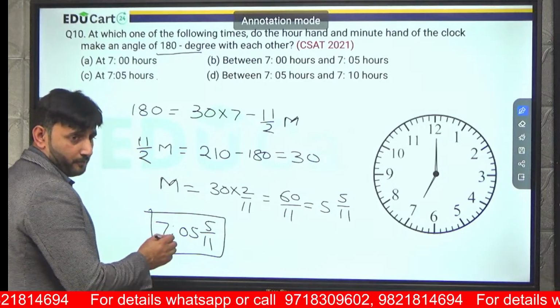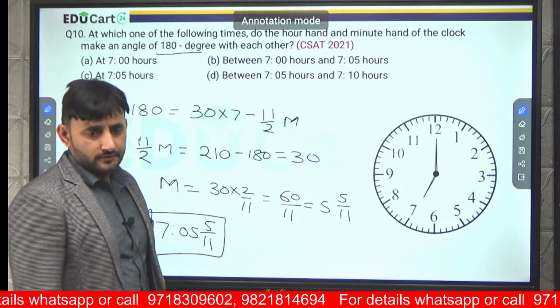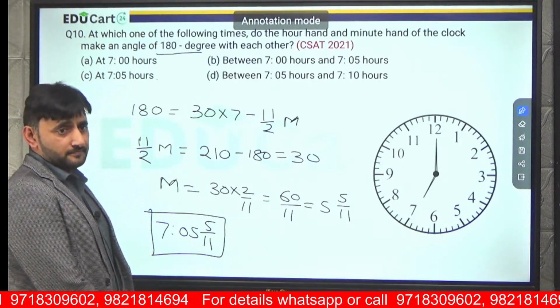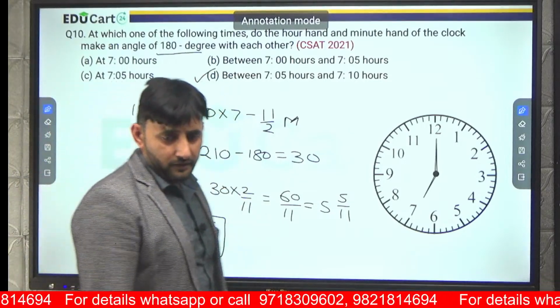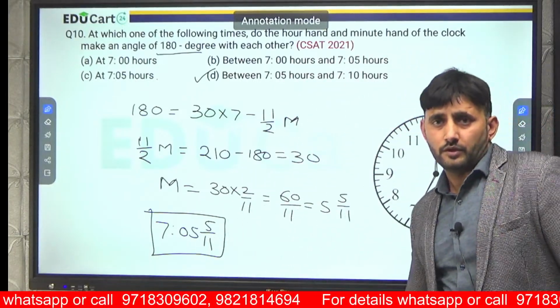This is the point when the angle between them will be 180 degree. तो कौन सा टाइम होगा? Which option? D option. Time has to be between 7:05 and 7:10. Clear है बच्चों? Got it?